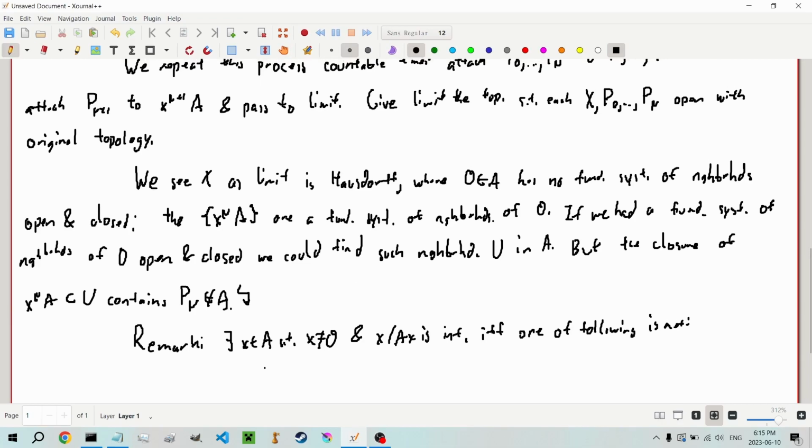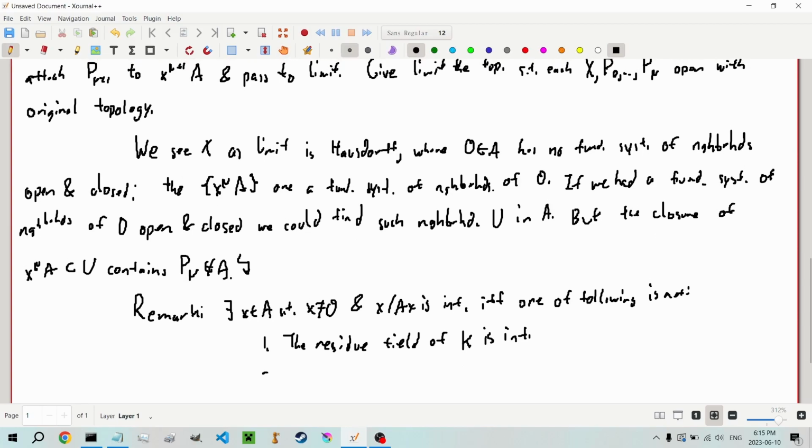First off, the residue field of our base ultrametric field K must be infinite, or the valuation on K takes on a non-discrete set of values.